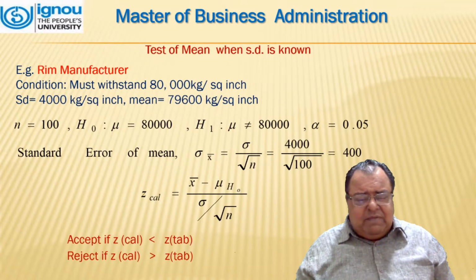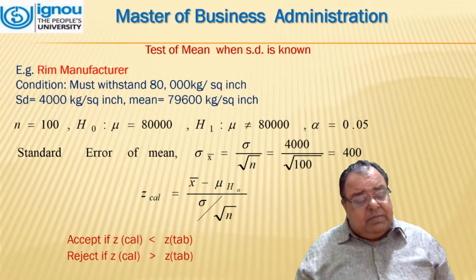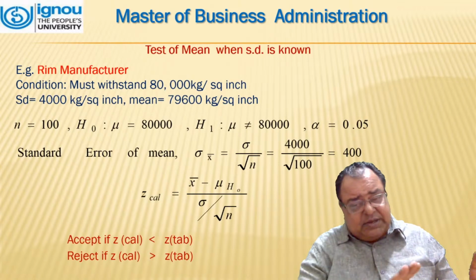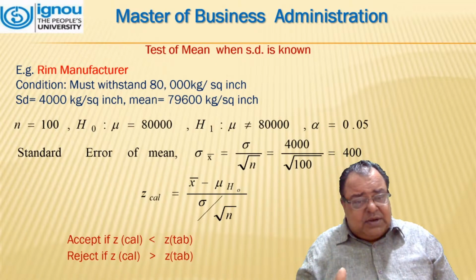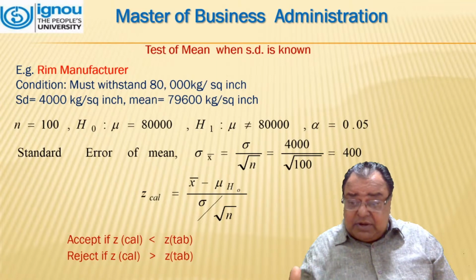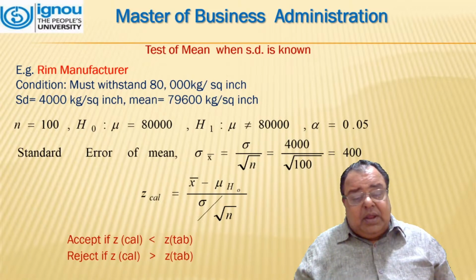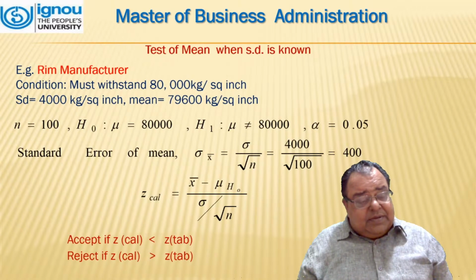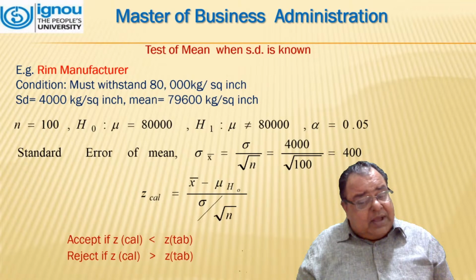Now we have to evaluate the standard error of the mean, that is sigma x bar, which is equal to sigma upon under root n. We have already seen sigma is 4,000, and under root n is under root 100. Sigma x bar comes out to be 400. Now we have to calculate Z. Z calculated will be equal to x bar minus mu H naught upon sigma upon under root n.